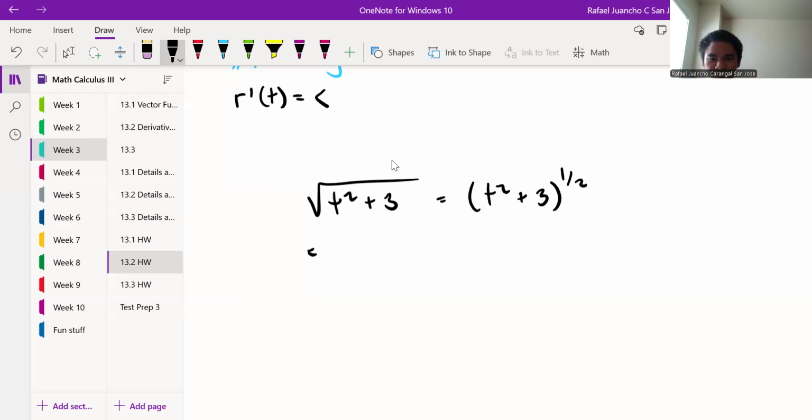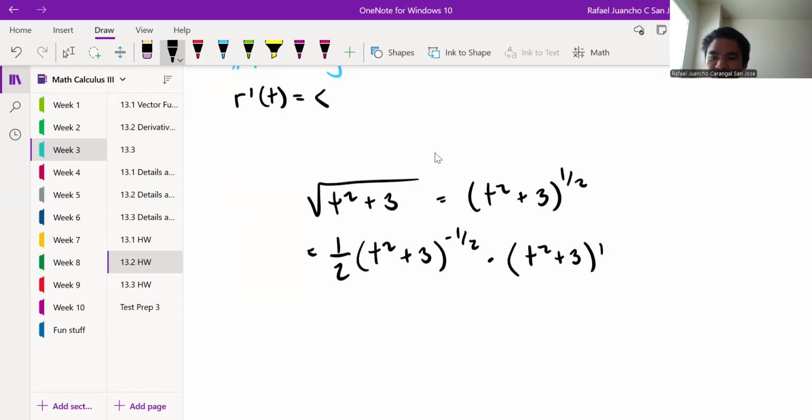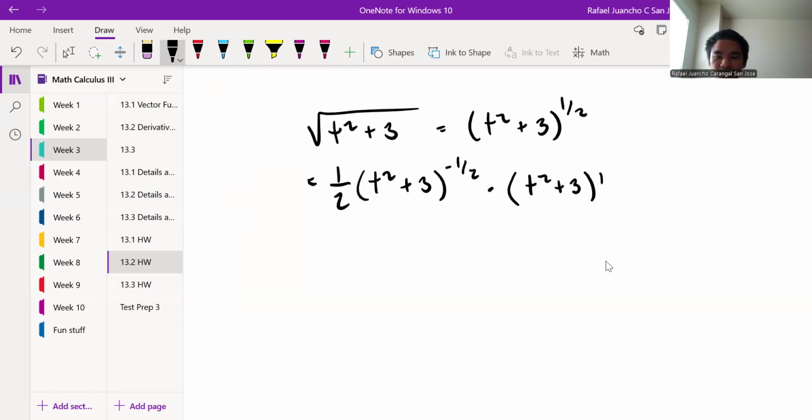I put the outer, so I do 1/2 of the same thing, 1/2 minus 1, so I get negative 1/2 here. And I multiply it by, so this is multiplication, not dot product, the derivative of this thing, which is just 2t. So what do I get?